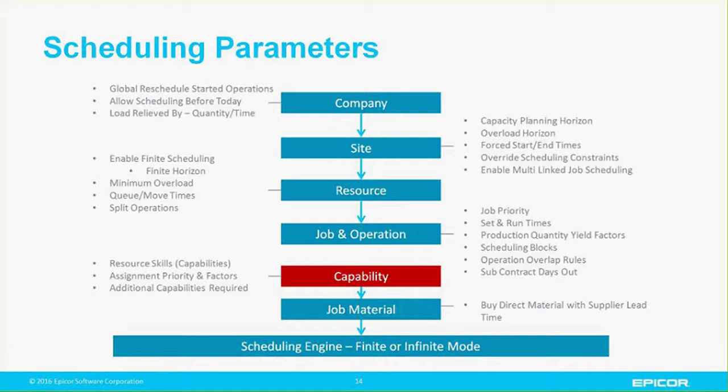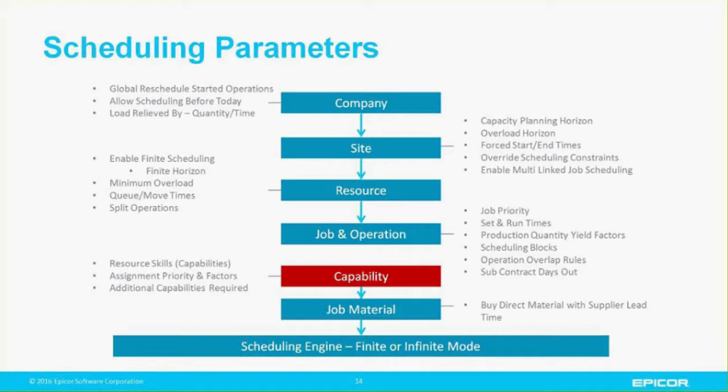At the job level, the job priority code is used by global rescheduling to determine the job scheduling sequence. It also defines whether the scheduling direction is forwards or backwards, and if WIP should be minimized. At the job operation level, set and run times and production quantity yield factors can be set in an appropriate unit of measure.